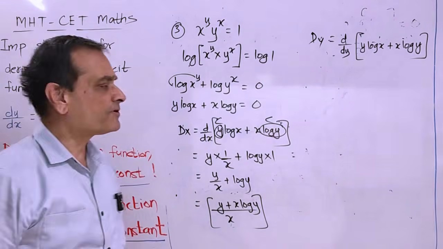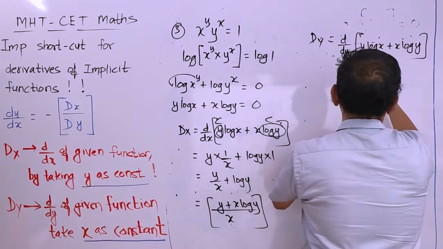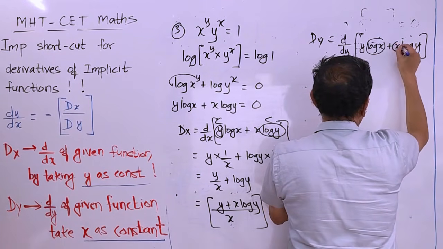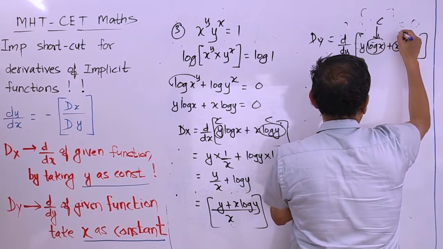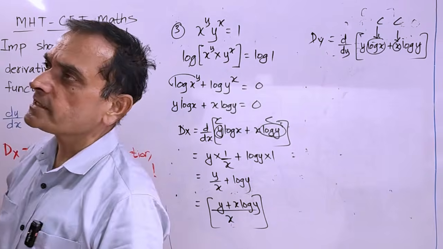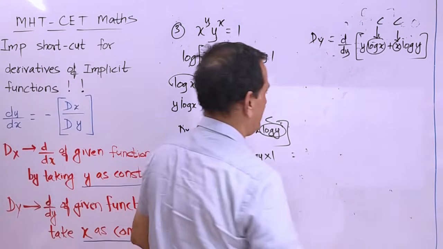D by dy means differentiate with respect to y. Derivative of y is 1. Log x and x both are constants. When you take d by dy, x is taken as a constant, log x is taken as a constant, उसको बाजू को रखना है.